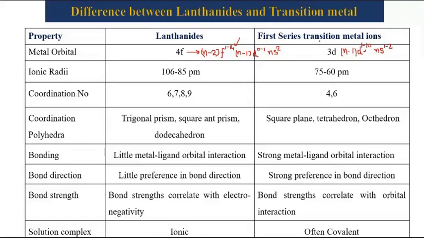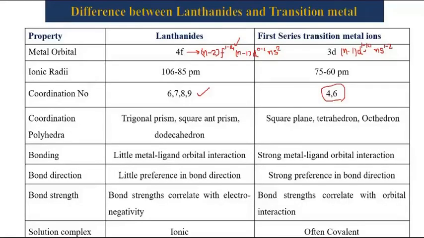So in case of transition metal, it is 4 to 6. But in case of lanthanide, remember, the coordination number is ranging from 6 to 9. Higher coordination number is obtained in case of F block.